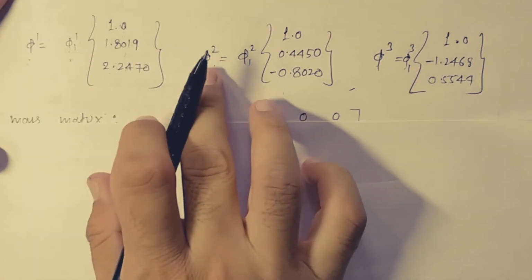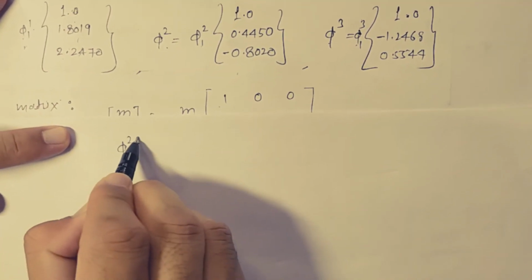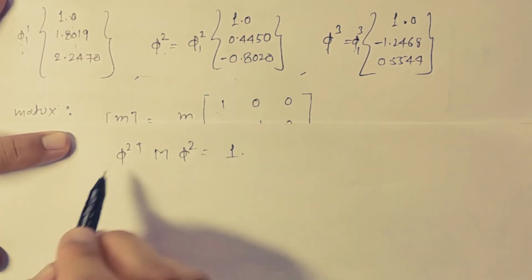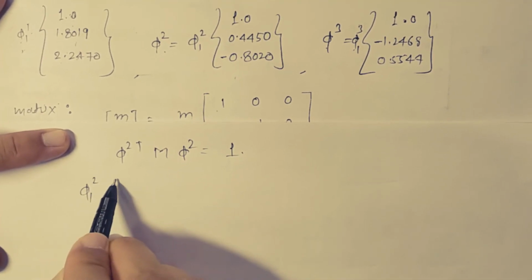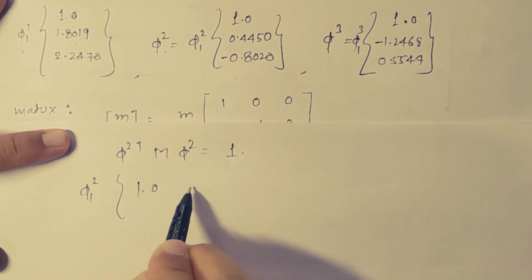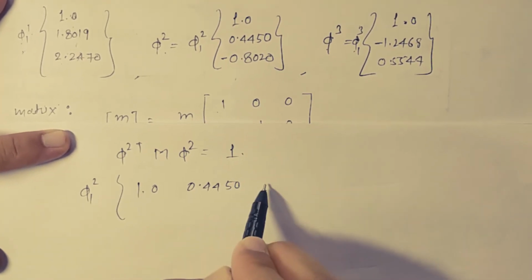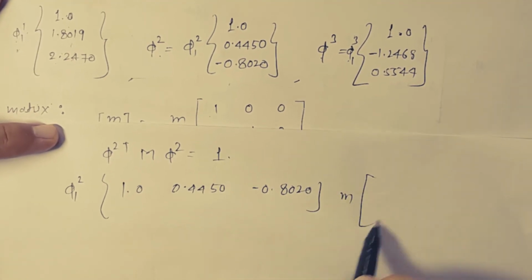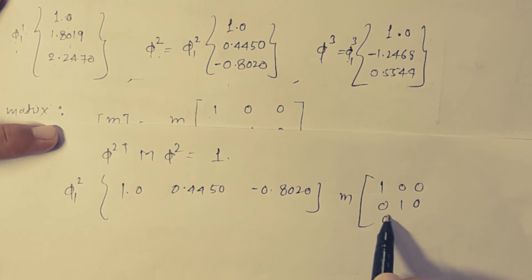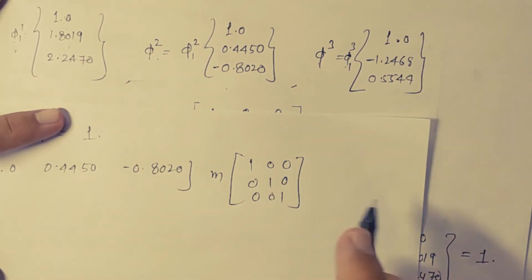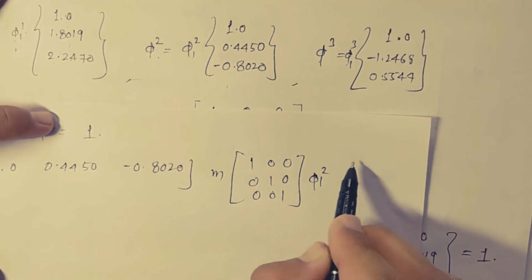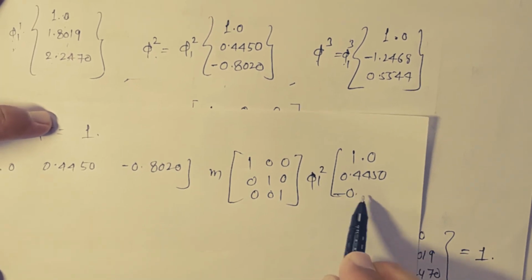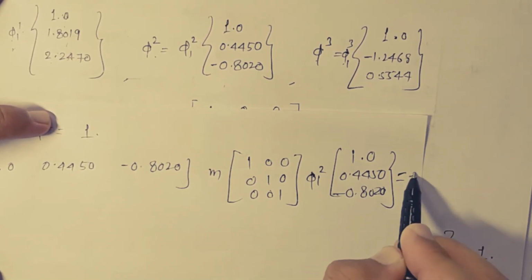Similarly, we can orthonormalize the second mode shape with respect to the mass matrix. The second mode shape is this one, so we put phi 2 transpose, mass matrix, phi 2 is equal to 1, where phi 2 transpose is 1, 0.4450 and minus 0.8020, and this is the mass matrix 1 0 0, 0 1 0, 0 0 1, and this is phi 2 with 1, 0.4450, minus 0.8020, equals 1.